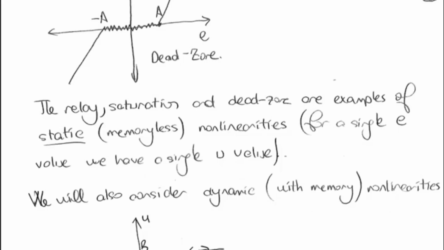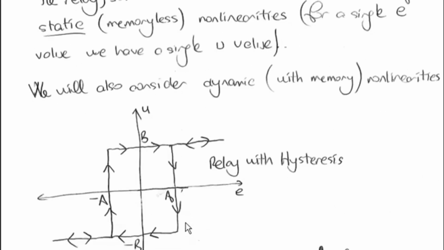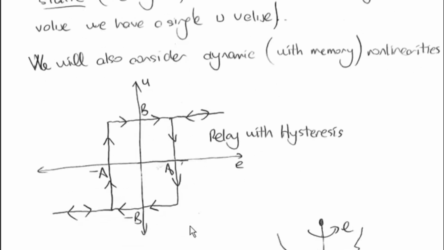In class, we have seen some dynamic nonlinearity examples. The first example was the relay with hysteresis. This is still a switch, but it has a hysteresis behavior inside it. So we see that if E is somewhere in the region between -A and A, the nonlinear element can give us multiple values depending on if E is increasing or if E is decreasing.